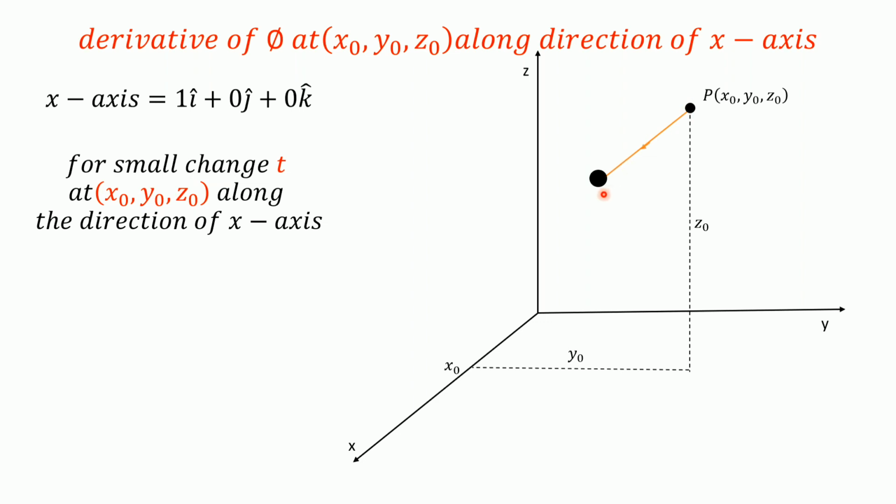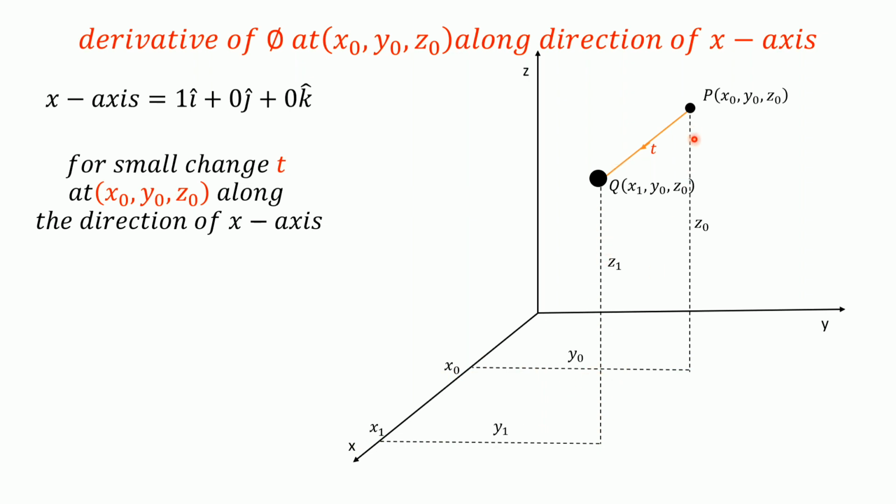So we get a new point Q whose x coordinate will change now, it will become x1, the y coordinate is y1, and this height is z1. But you can observe here that y1 and y0 are the same.